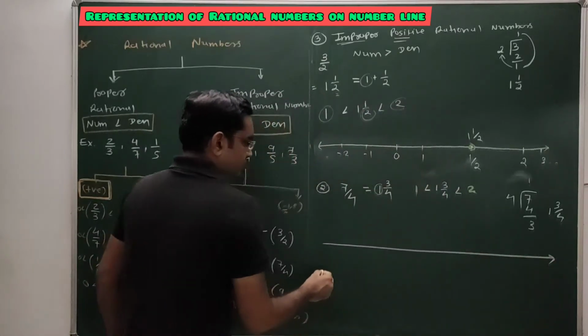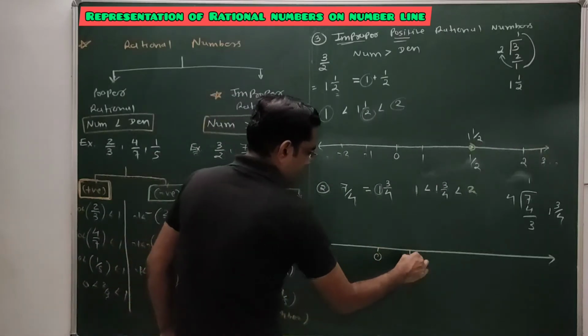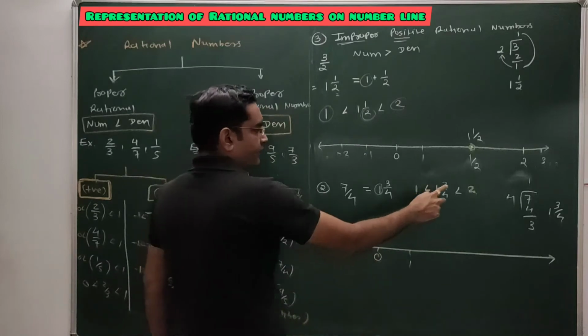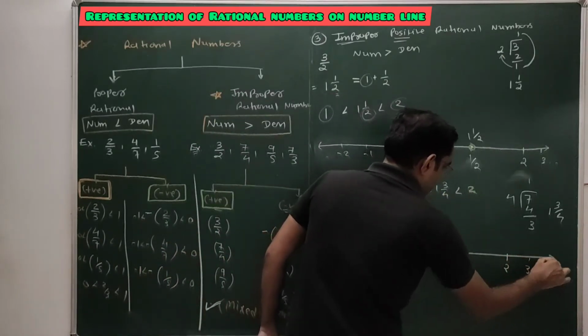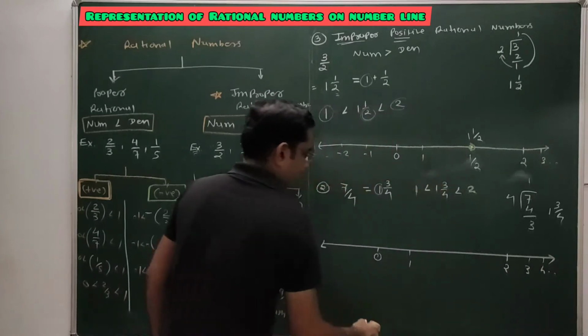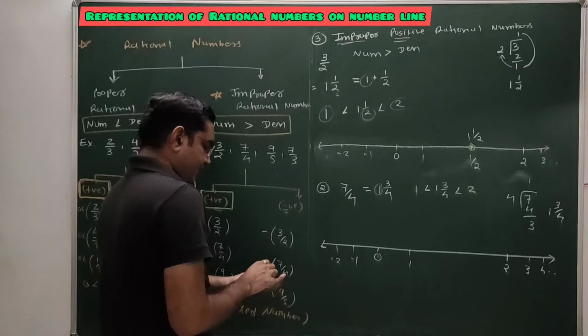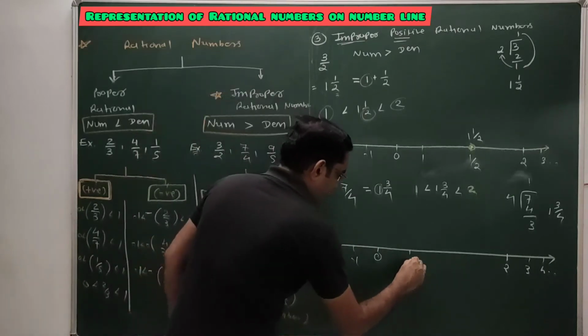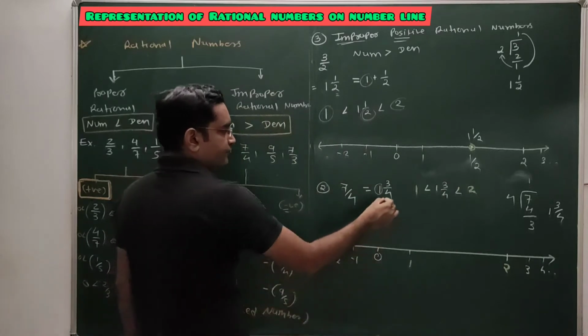So this is the number line, this is 0, this is 1, expanding our number line between 1 and 2. So this is 1, this is 2, this is 3, 4 up to infinite. This will be -1, -2. Now the gap between 1 and 2 is to be divided into how many parts?